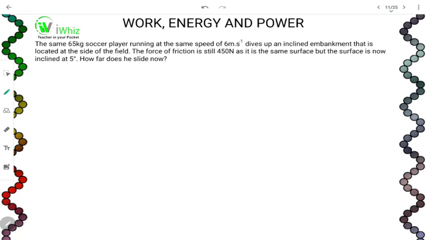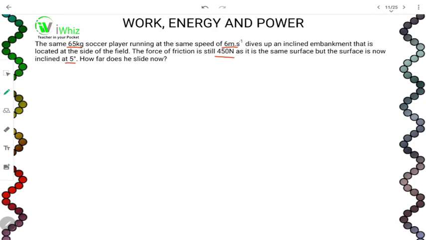The example said that the same 65 kg player running at the same speed of 6 meters per second dives up an inclined embankment that is located at the side of the field. The force of friction is still 450 newtons as it is the same surface, but the surface is now inclined at 5 degrees. How far does he slide now?